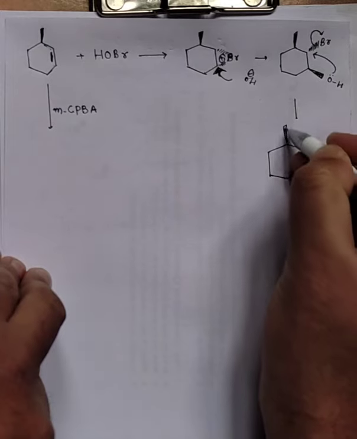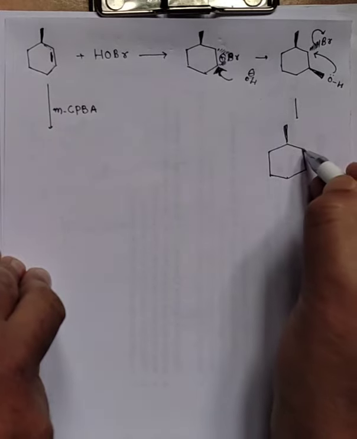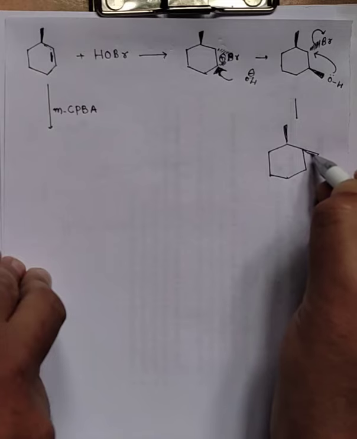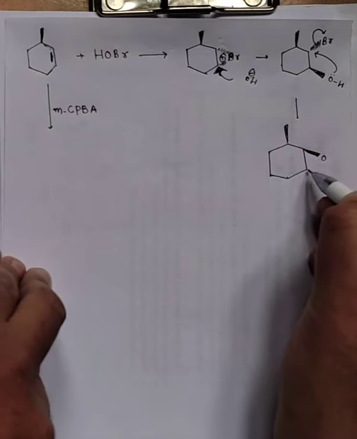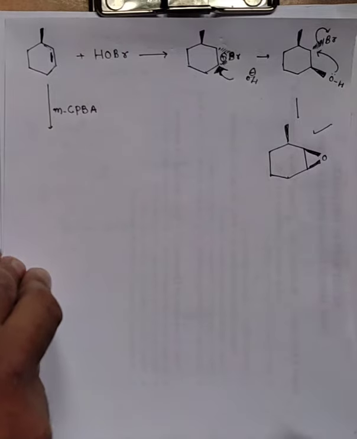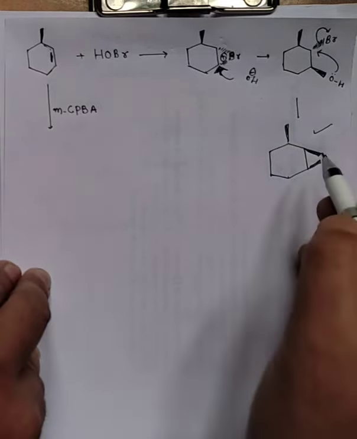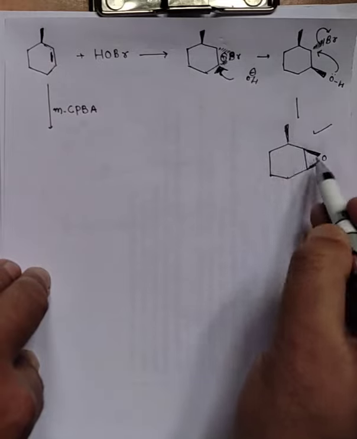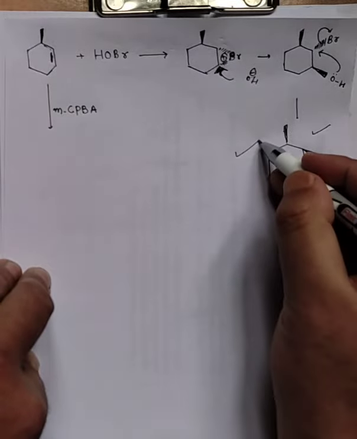This is your alkyl group. So you will get the epoxide above the plane. That's it. Now for the stereochemistry, if you see this group and this group, they are both above the plane. That's the compound formed.